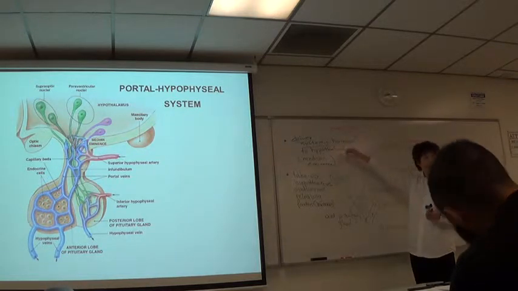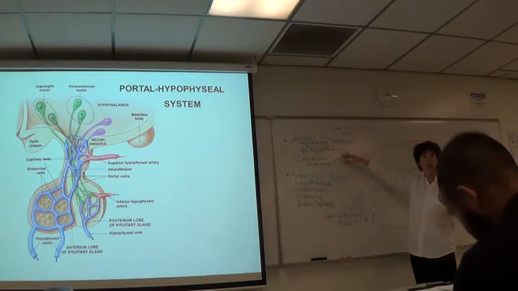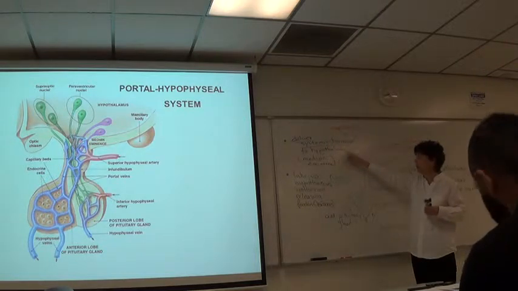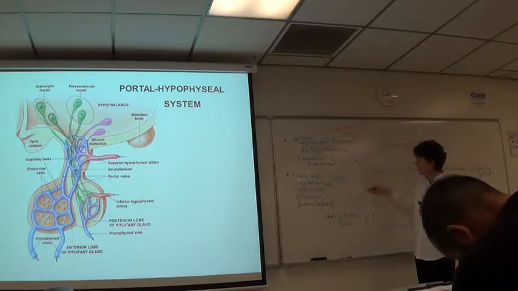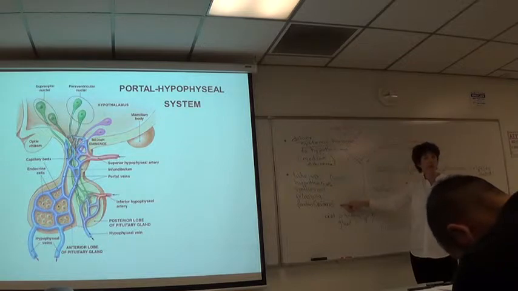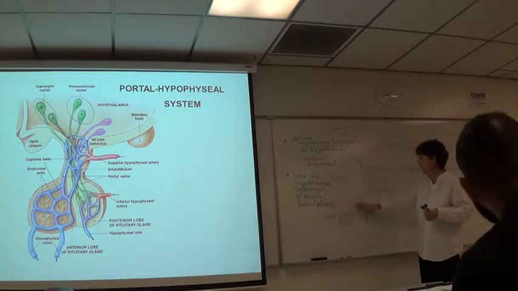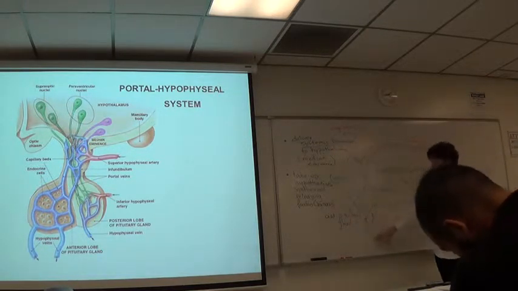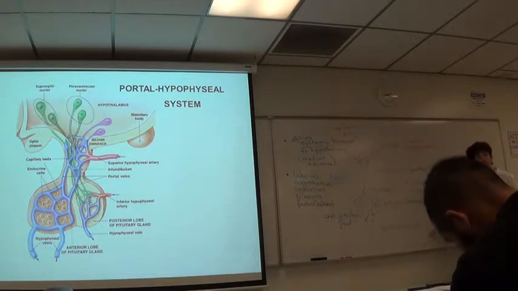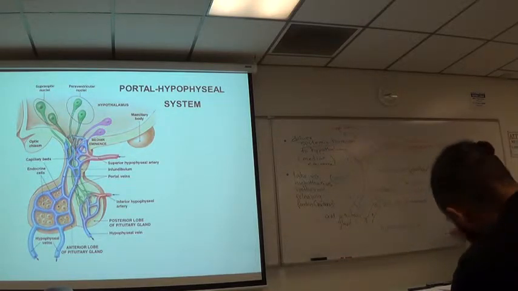The hypothalamus is going to increase secretion of adrenal cortical releasing hormone, which goes down the portal vein, leaves cap bed 2, and causes the anterior pituitary to make more ACTH, adrenal corticotropic hormone. That goes back into cap bed 2, goes through the veins to the heart, to the adrenal glands, and it makes more cortisol.